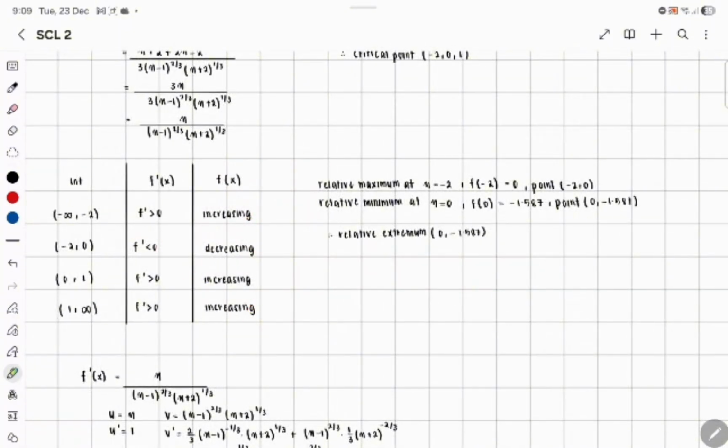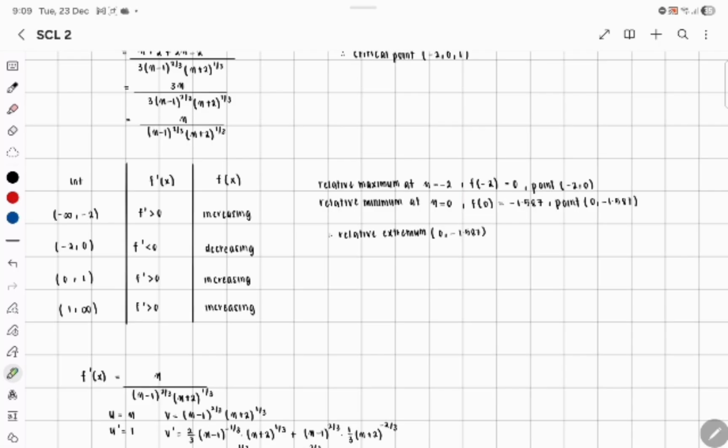From this test, we get the relative maximum at x = -2 and the relative minimum at x equal to 0.